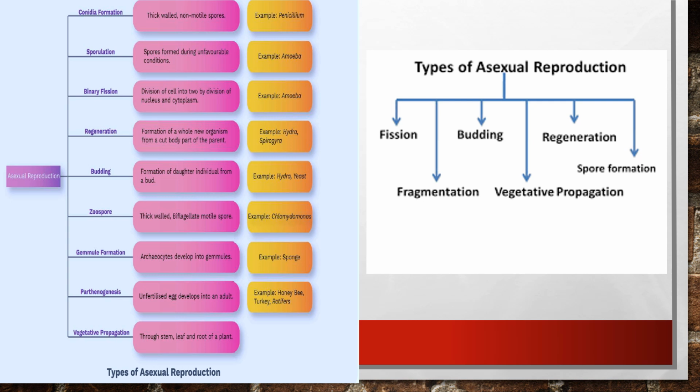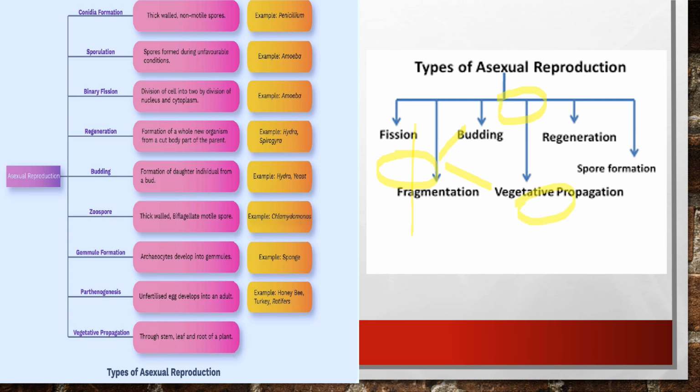Fission can be of two types: one is binary fission, one is multiple fission. In binary fission, the parent cell divides to form two daughter cells.